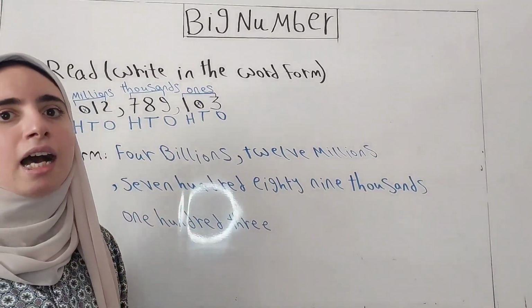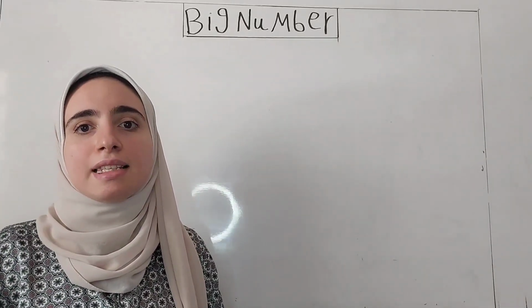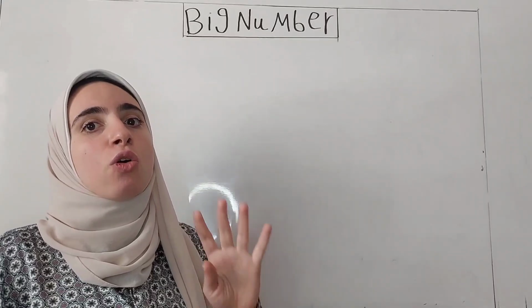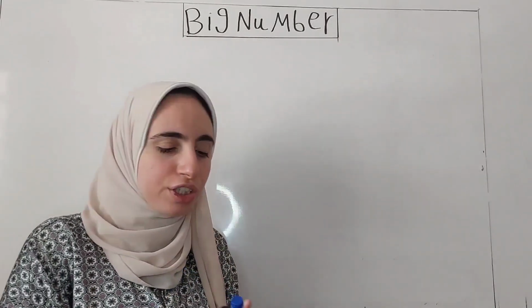This is about how we can read these big numbers. We studied that big numbers have 4 families and each family has 3 digits.